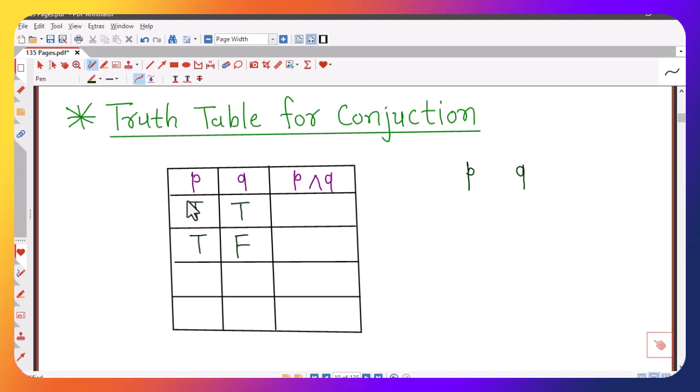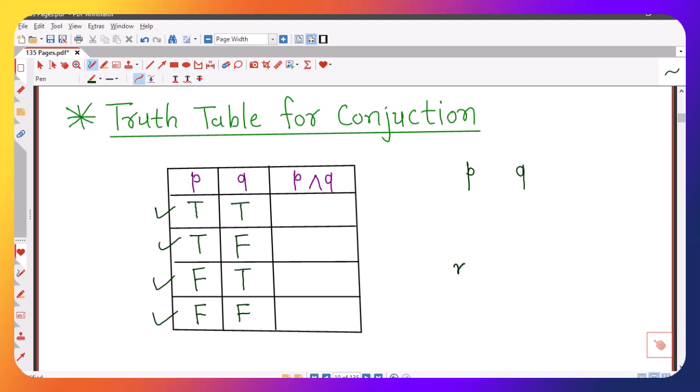Now we have taken 2 times T for proposition P. Now we consider, suppose P is false, then Q can be true or false. So if I consider F here, I will write F here. So you can see there are 4 different possibilities, and I have written all the different possibilities for 2 propositions.